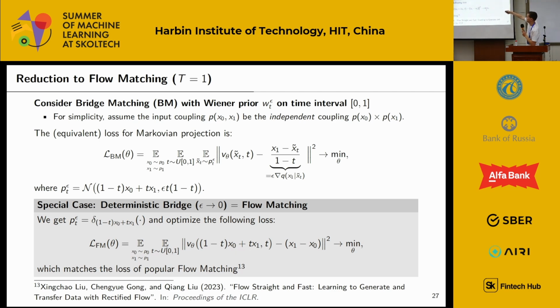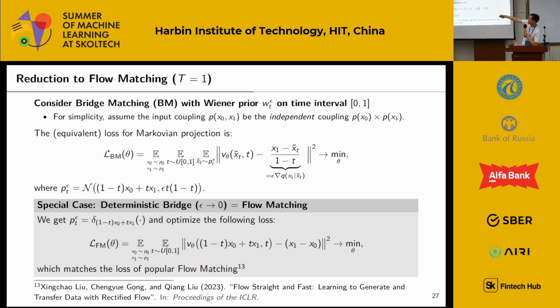It is just the transitional distribution of the Wiener bridge, or the Brownian bridge. To optimize this, with, for example, the independent plan, we first sample a point from the input distribution, then a point from the target distribution, and then we sample from the bridge. The bridge looks like a normal distribution centered at the same point as our interpolant is centered for flow matching, but with some variance.